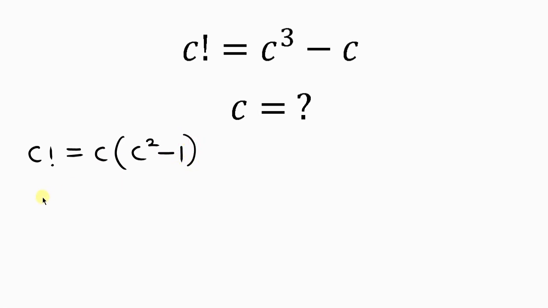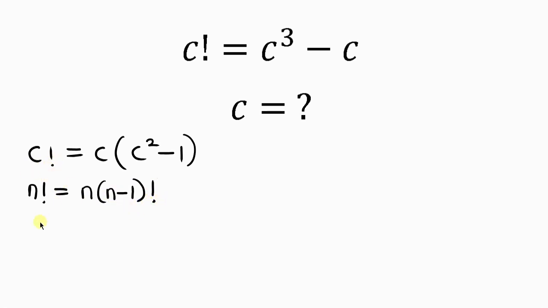Now our next step will be for us to apply this property of factorial, which says when I have n factorial, this is the same as n times n minus 1 factorial. So we're going to be expressing c factorial like this.